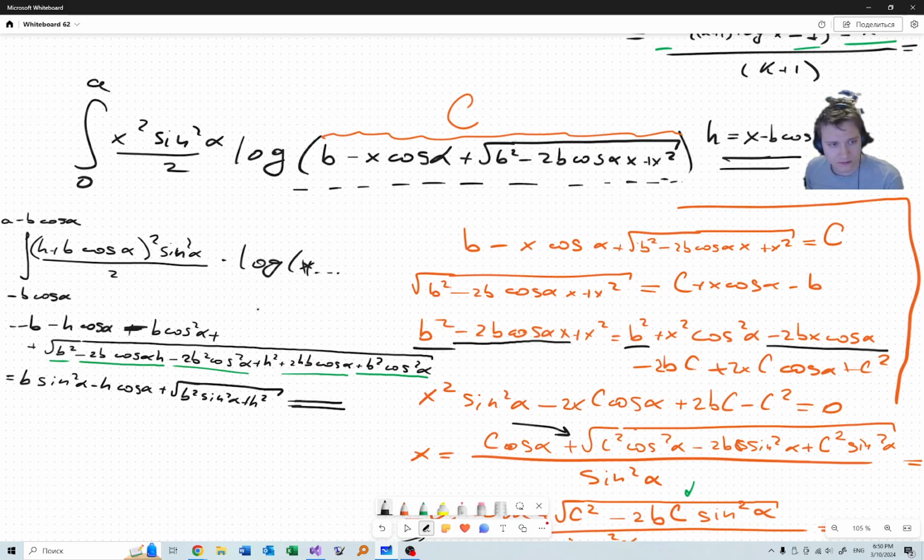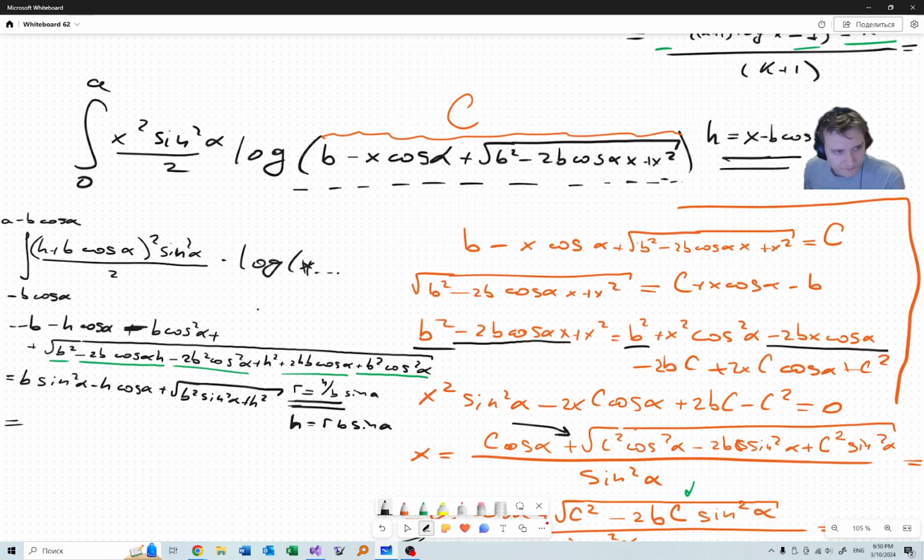Let's now say that r equals h over b sine alpha, and h equals r b sine alpha.